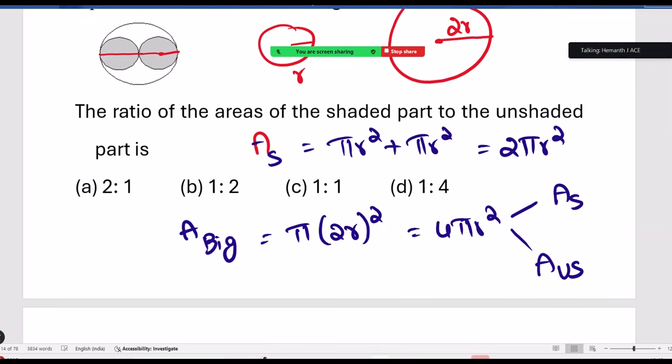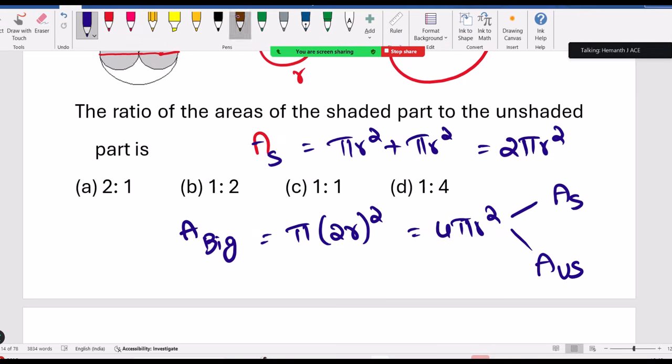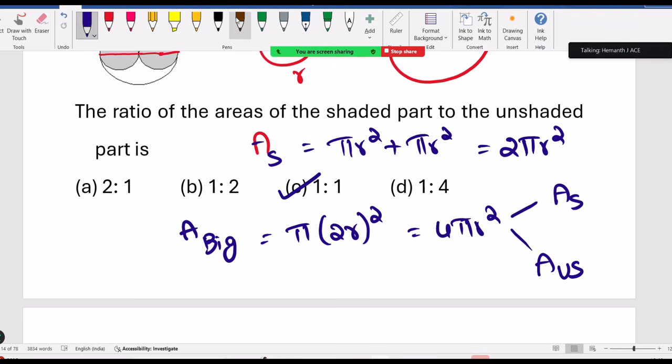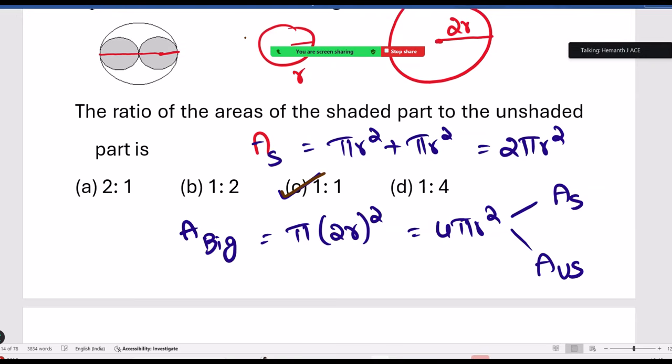Both are equal, as one of your friends said. 1:1 is the correct answer. Shaded plus unshaded together is 4 pi r square, and total is obtained by adding these two. 1:1 is the correct answer.